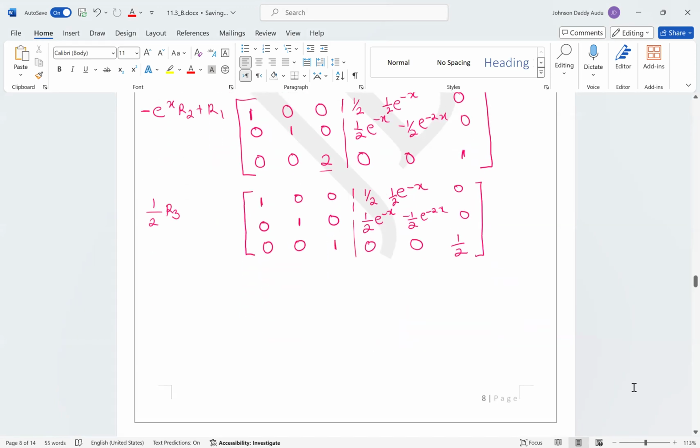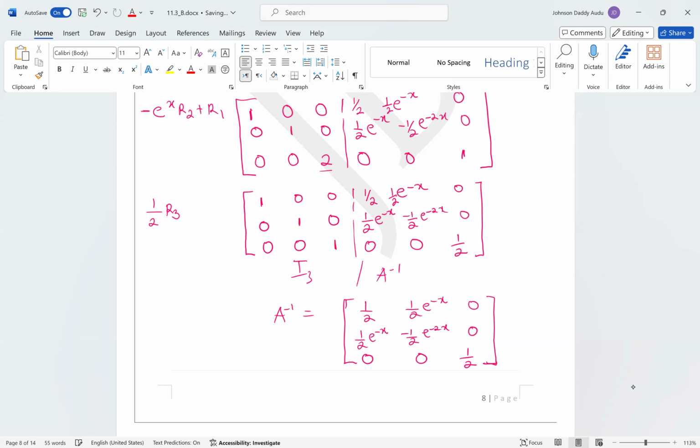So it simply means that what? The inverse, you can see now this is I3. So this is our A inverse. So our A inverse now is this matrix: 1 over 2, half e to the power minus x, 0, half e to the power minus x, minus half e to the power minus 2x, 0, 0, 0, and half.